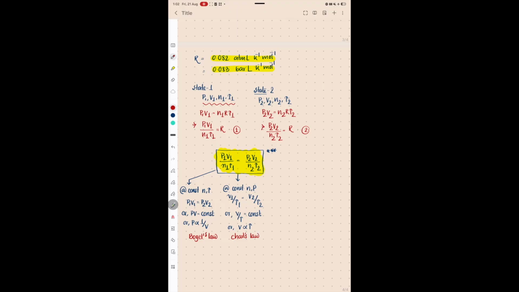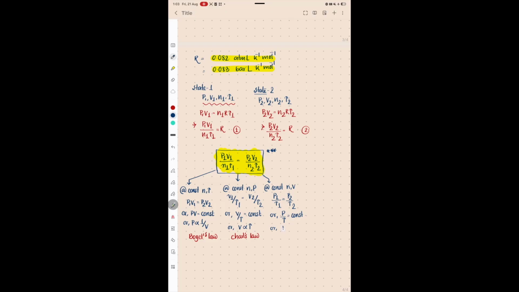Okay, now let's say at constant moles and volume, what will be? P1 by T1 will be P2 by T2. Or what I can say is that P by T is constant, right?